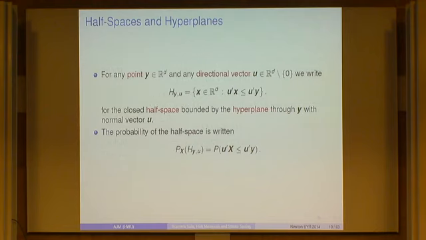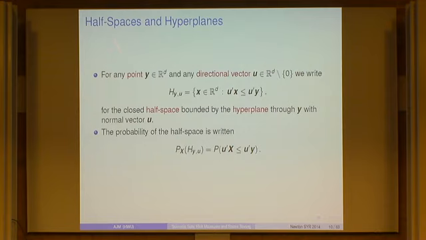The final piece of notation I need before I can get going and create some sets, rather, half spaces and hyperplanes. I'll write a half space in this way, H for half space, y and u, because it is described, if you like, by a point and by a direction.